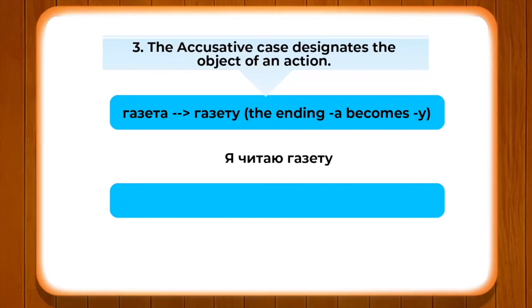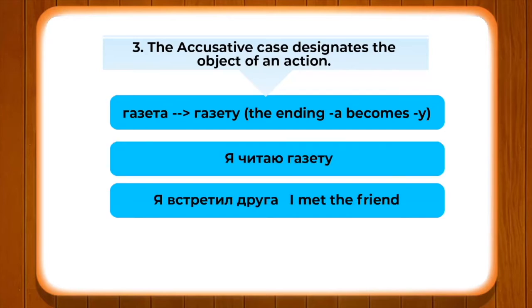But if it is animate and a masculine gender, then we have a construction. Я встретил кого? It means I met who? I met my friend. So in this case I am saying я встретил друга. If it is Антон, я встретил Антона, Ashoka, Ramesha, etc. So in this case the construction would be like this.